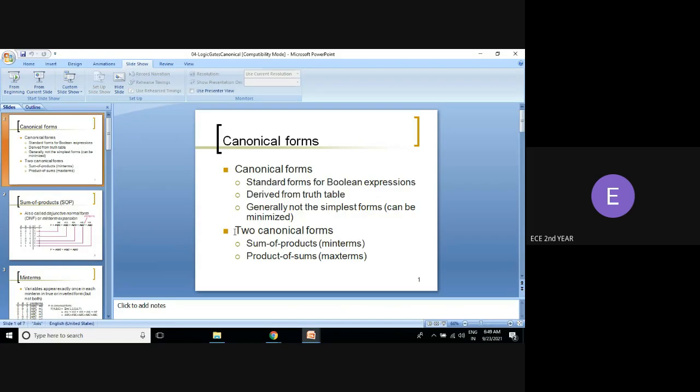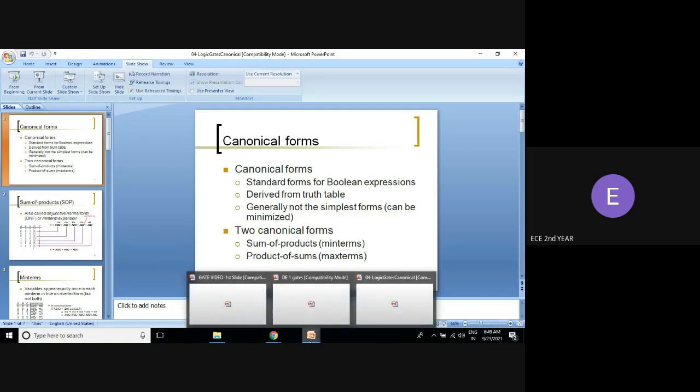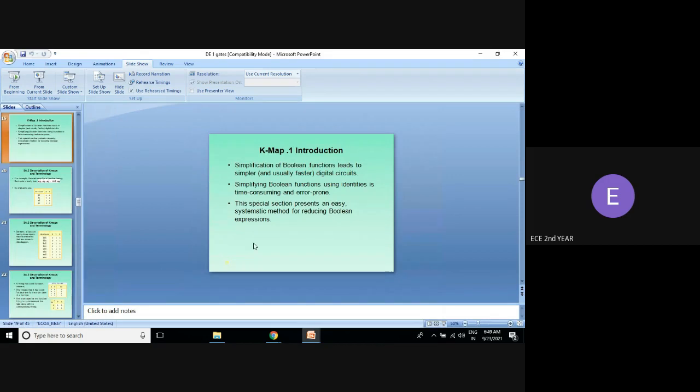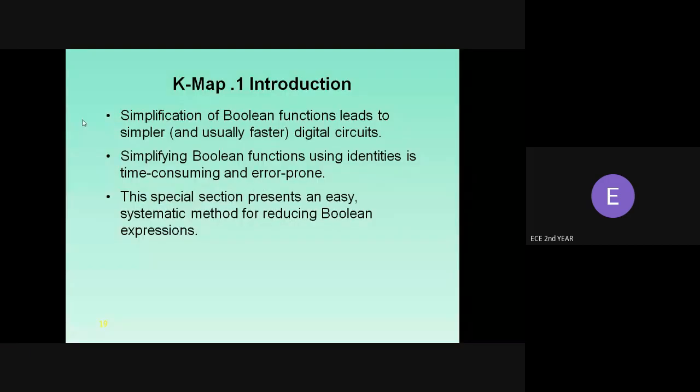Right? That's it. Let us see what is meant by KMap. We will come back to the KMap here. So now we understand what a Boolean expression is and what the types of Boolean expressions available are, that is nothing but SOP and POS.